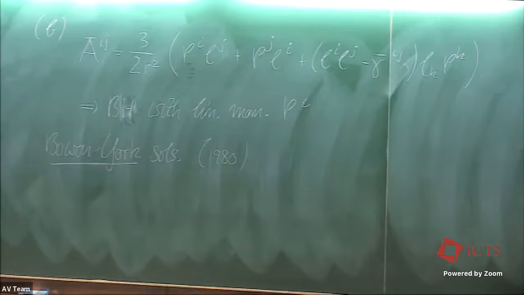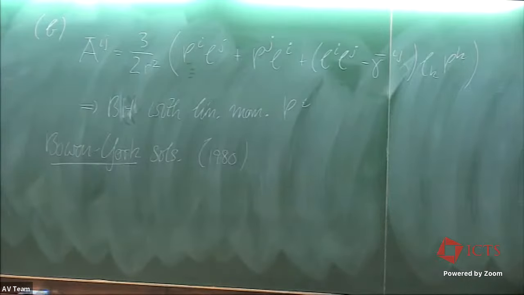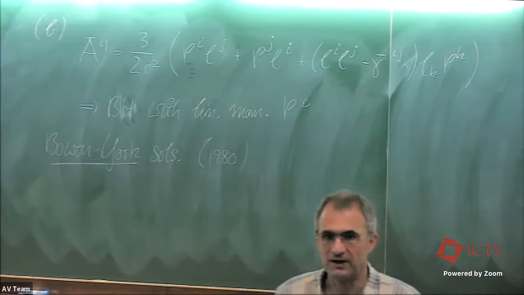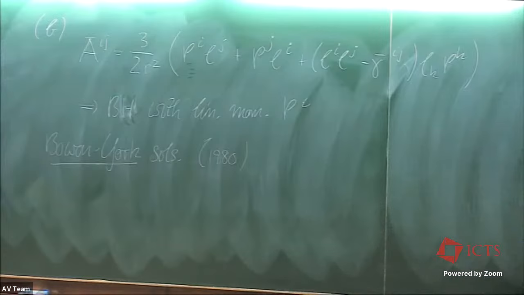If you're wondering how they were derived, then you follow this recipe that I suggested. You split this tensor into one part that has zero divergence and one that has non-zero divergence, and then you use this result that the non-zero divergence part you can write as this vector derivative of a vector. And then you can find analytical solutions to that vector, similar to how you would do this in E&M.